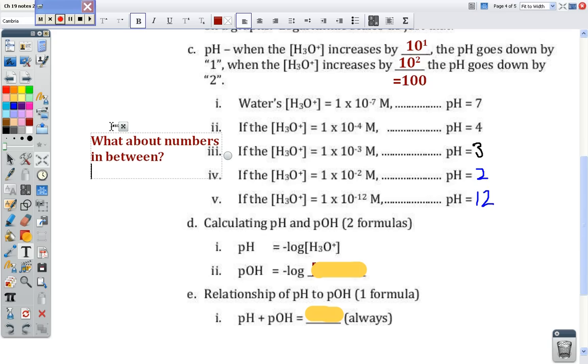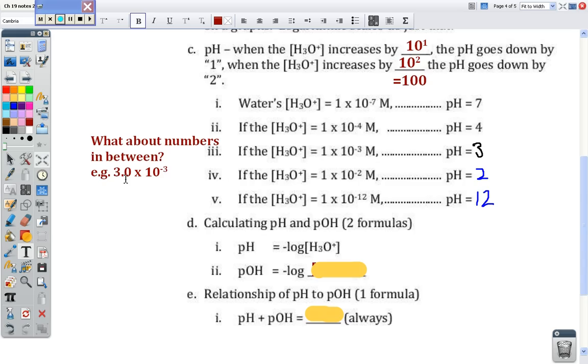For example, 3.0 times 10 to the negative 3, say. Well, if this is the number we're looking for, then know that 3.0 times 10 to the negative 3 is in between 1 times 10 to the negative 3 and 1 times 10 to the negative 2, because negative 2 is actually a larger number than negative 3.